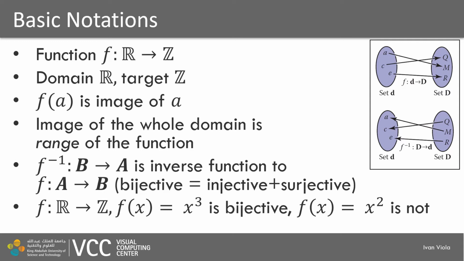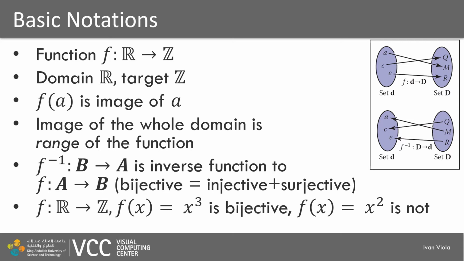So what is injective? Injective means that every element in the domain will be mapped to a unique element in the codomain or target, which also means that every element in the codomain will have at most just one element from the domain to which it is mapped.